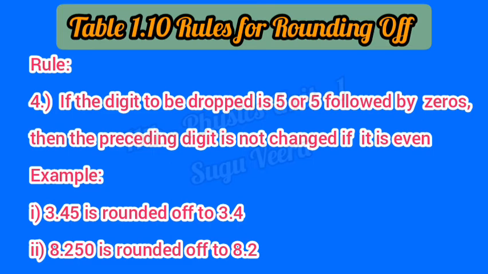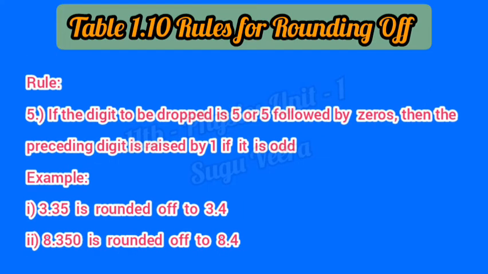Fourth rule, if the digit to be dropped is 5 or 5 followed by zeros, then the preceding digit is not changed if it is even. For example, first one, 3.45 is rounded off to 3.4, and another example is 8.250 is rounded off to 8.2.